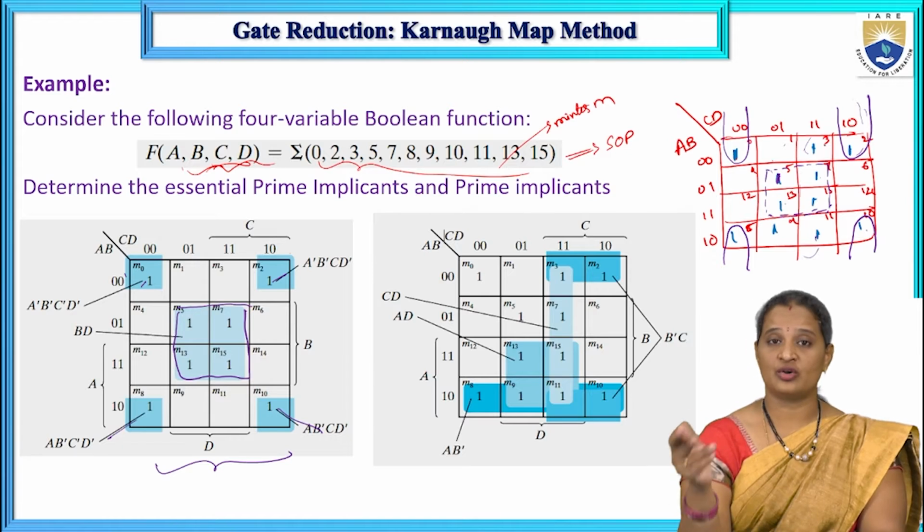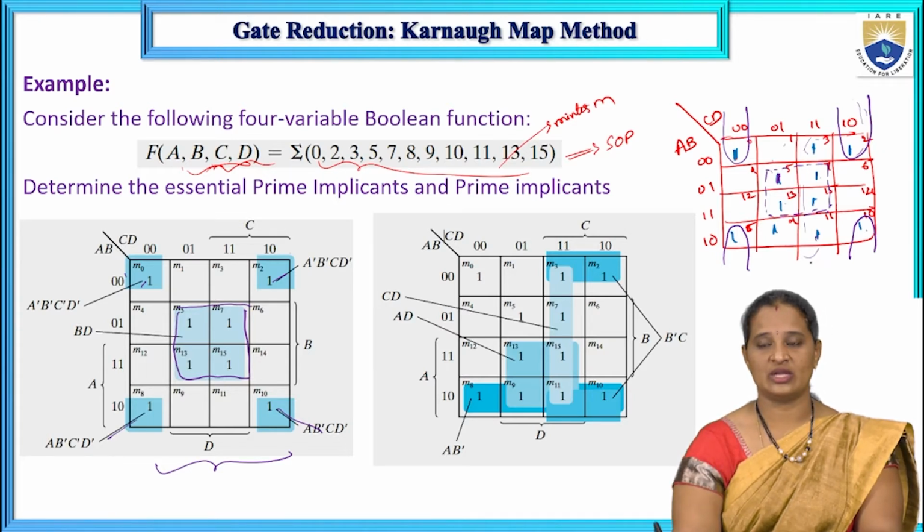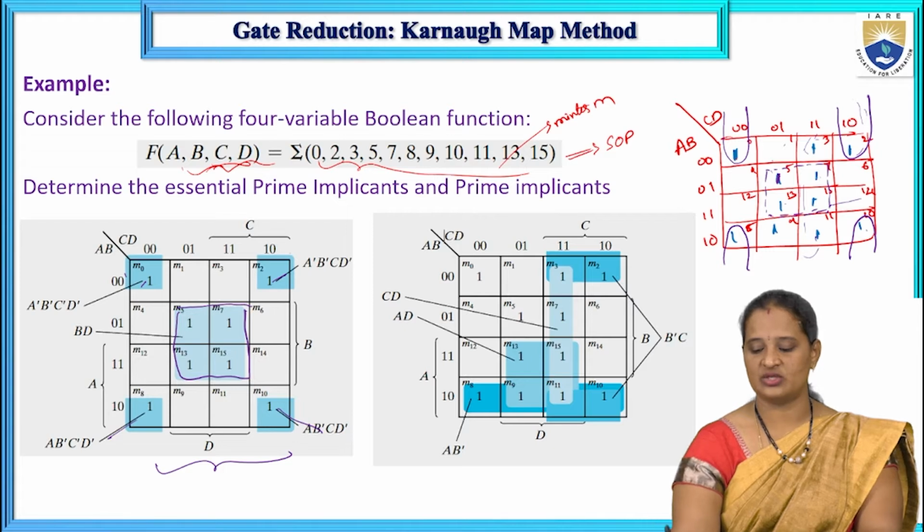That means there are 2 possibilities for 3 also. Now let us check 7. 7 is covered by this quad as well as this quad also, so it is not essential. Whereas for 13 and 15, I can use this quad, or else I can form a quad with these 4 such that 7 and 15 are covered.